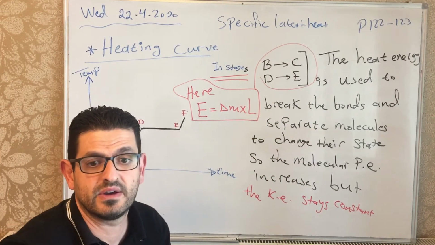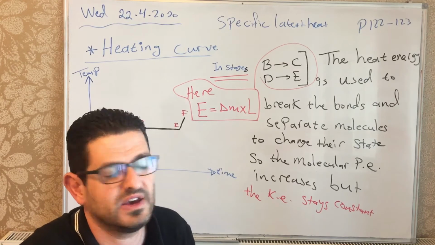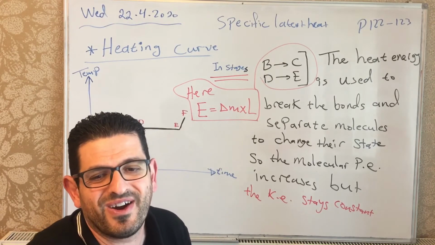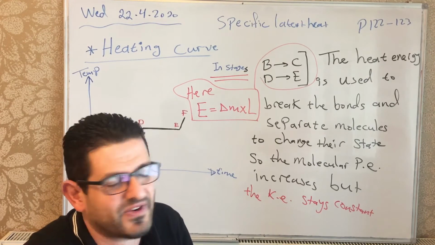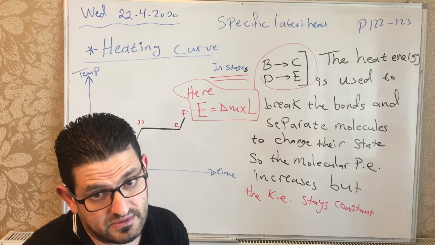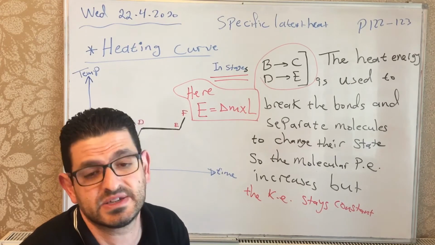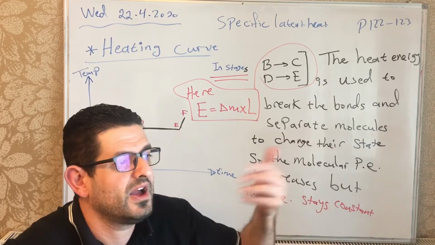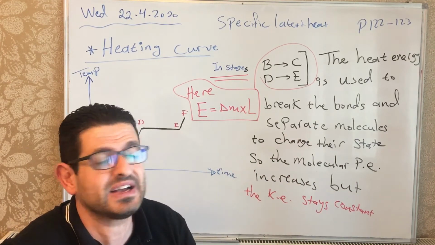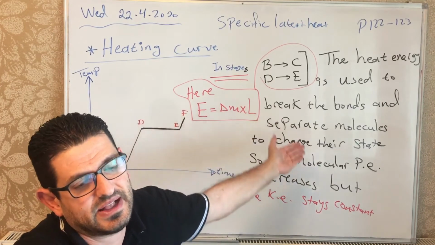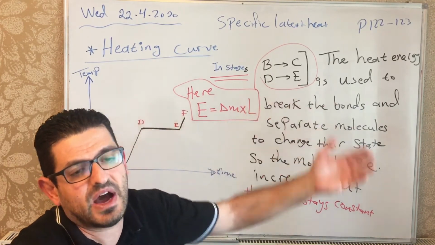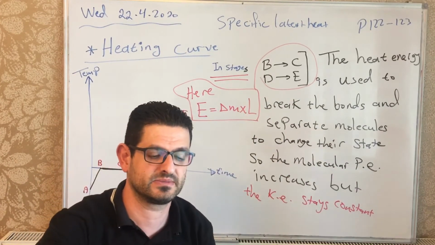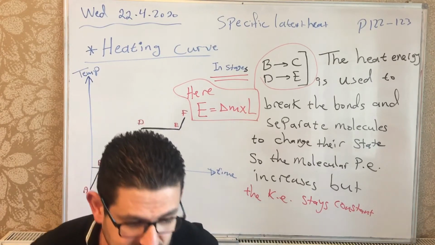Okay? Not mc delta T. If you use mc delta T it will be zero, because there is no change in temperature. So you will tell me, sir, the answer is zero. Wrong. It's not zero. The heat energy is not zero. The heater is on. There is heat energy. So how can I calculate it? Energy equals delta m times L, because there is change in state.